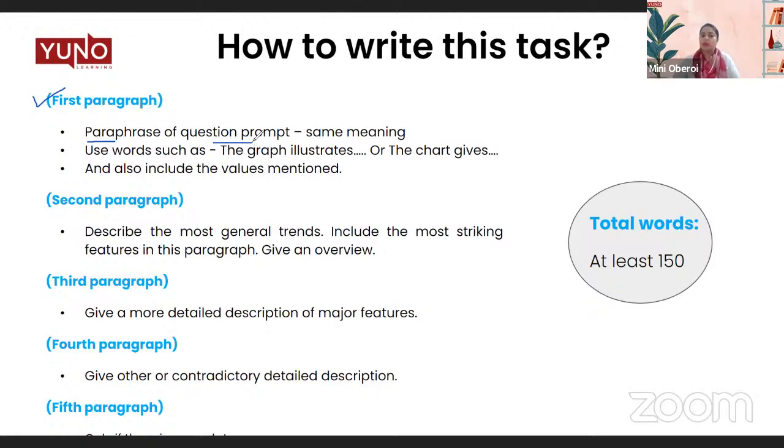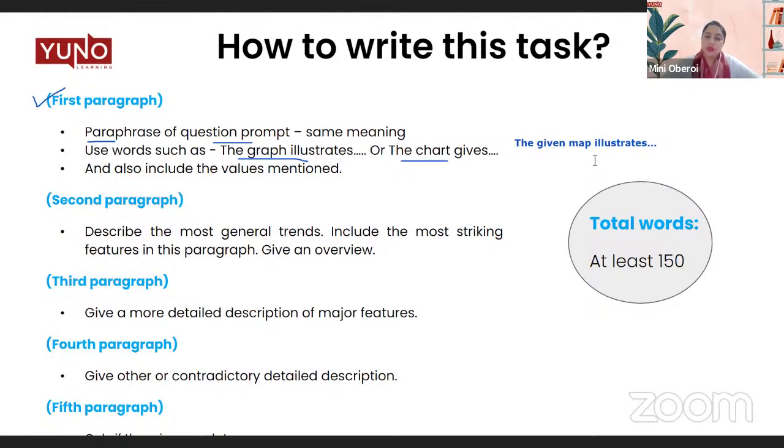If it is a bar graph or a line graph, we start our report using words such as "the graph illustrates," "the chart depicts," or "the given map illustrates." We should make sure that we use such terminologies to begin our report.